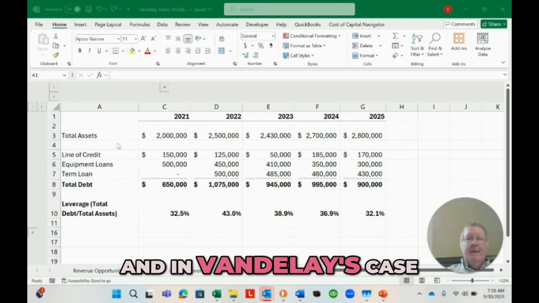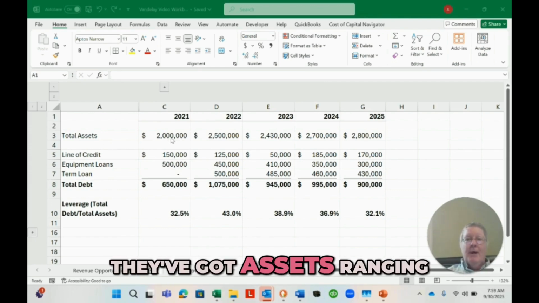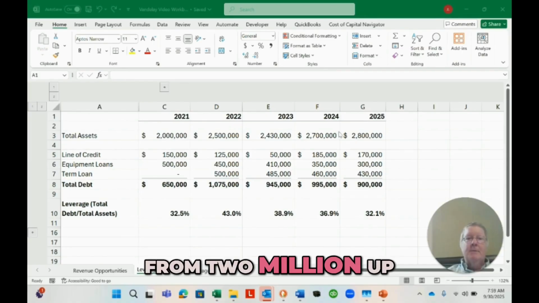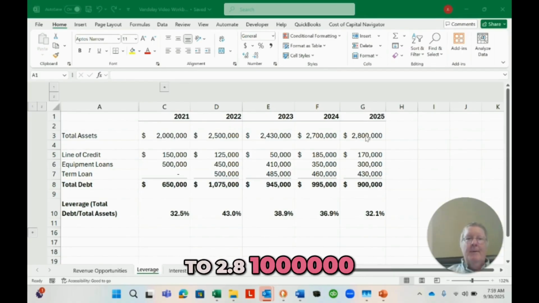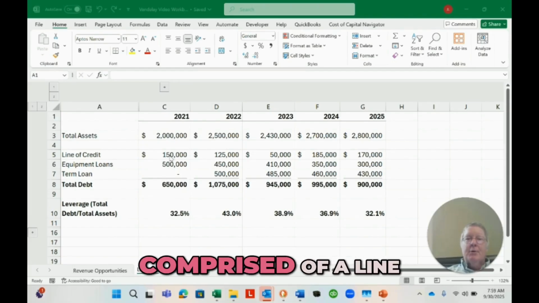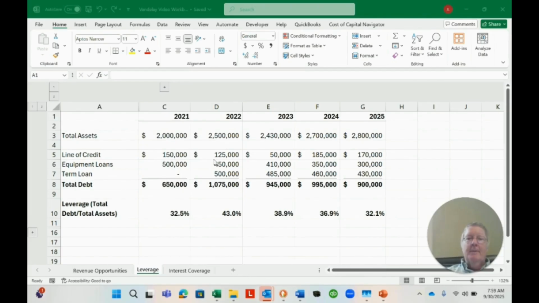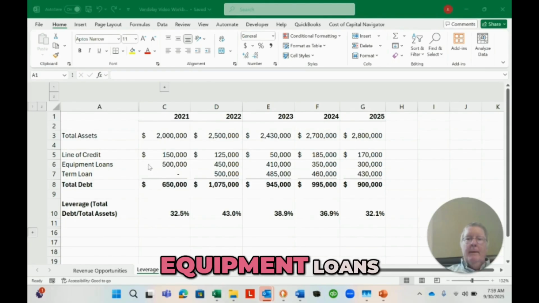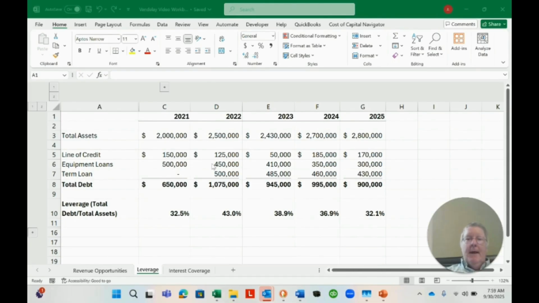And in Vandelay's case, they've got assets ranging from $2 million up to $2.8 million, okay? But they also have some debt, and that debt is comprised of a line of credit, equipment loans, and a term loan.